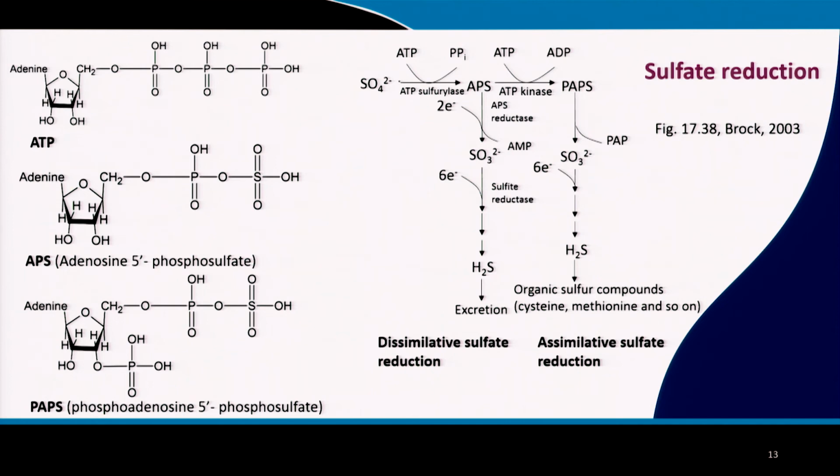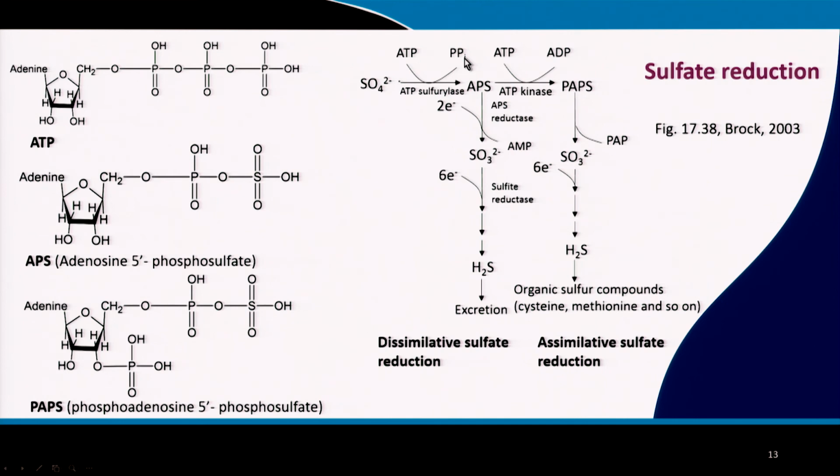One of the major compounds that is involved in this reduction of sulfate is called APS, and that is adenosine 5-phosphosulfate. If you look at ATP, two of the phosphates in ATP have been replaced by a single sulfate, and that is what APS is. Now this adenosine 5-phosphosulfate is used to activate the sulfate molecule.